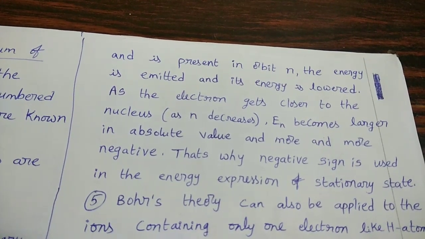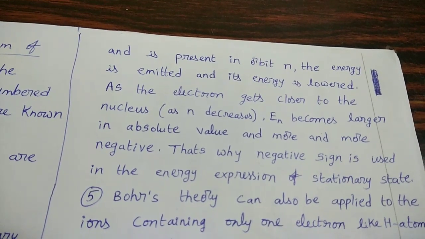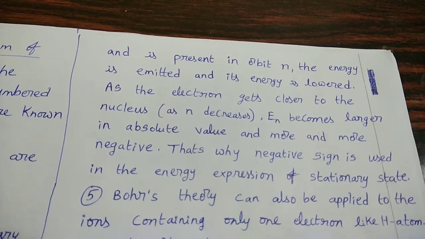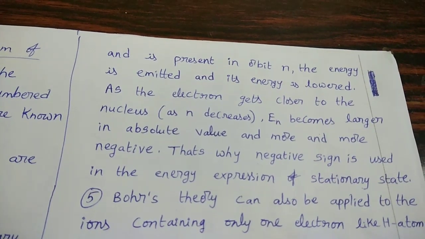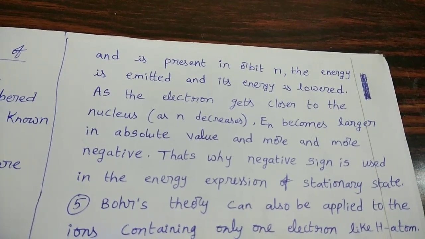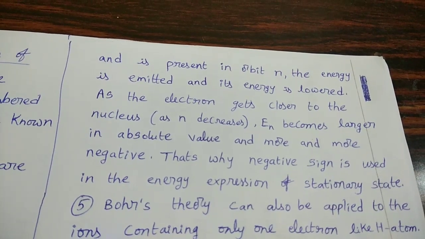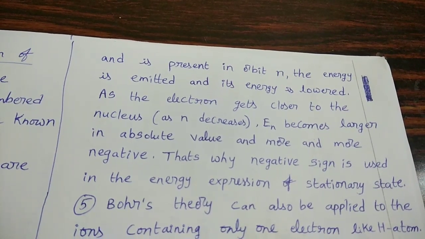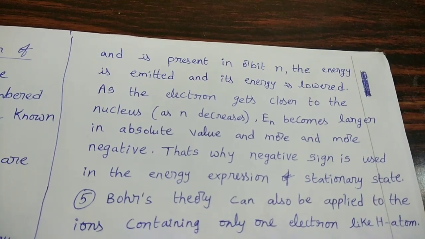When the electron is at infinite distance, the energy of the electron is 0. From infinite distance, when the electron is brought close to the nucleus, its energy is decreased and becomes negative when it is very close to the nucleus. That's why we use a negative sign in the energy expression of the stationary state.